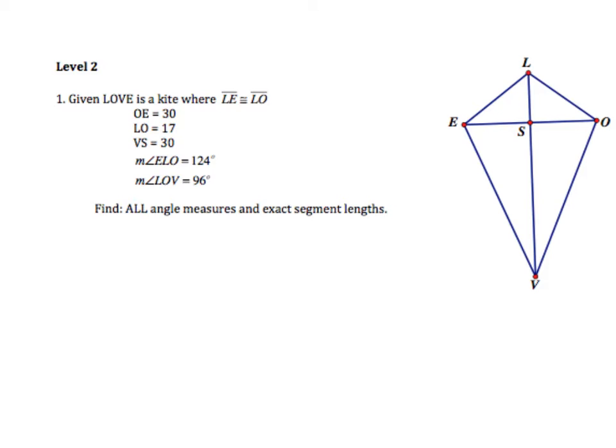So let's go ahead and label our picture as much as we know. It says LE is congruent to LO, so I'm going to mark that in my picture. And then I know it's a kite, so I know a couple things, but we're going to hold off on that right now. So if LE and LO are congruent, we also know that OE is 30.